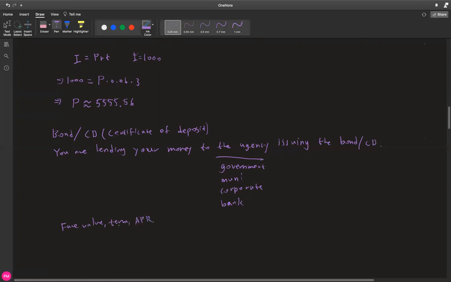So we already know what the term and the APR is. The term here is the T. APR, we know that is R. And the face value here, we're going to define it as the big F.